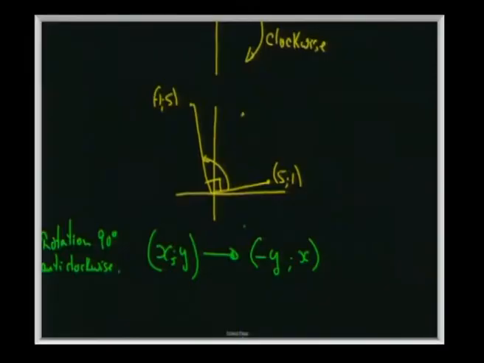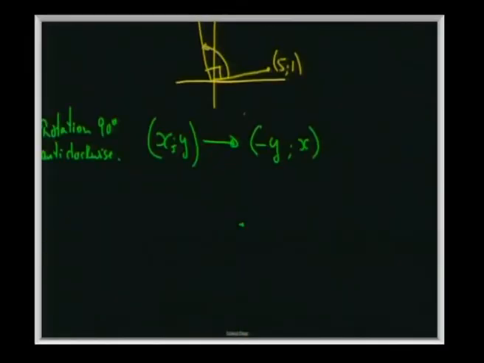Let's have a look at the algebraic form for rotation around the origin of 180 degrees. I'm going to start with my usual point, the point 5, 1. Why do I use that point? It's because it's a nice point. That's all. Nothing else other than that.